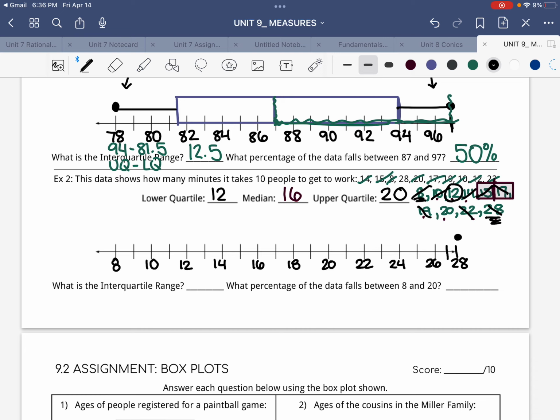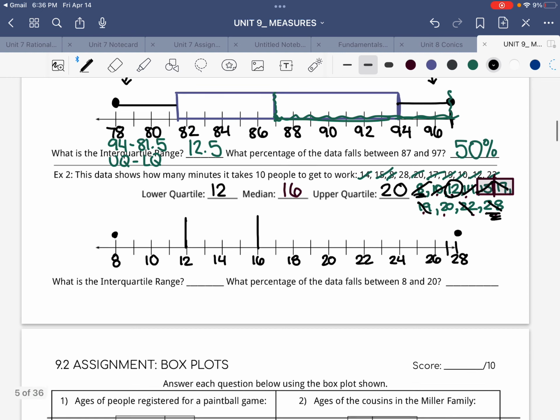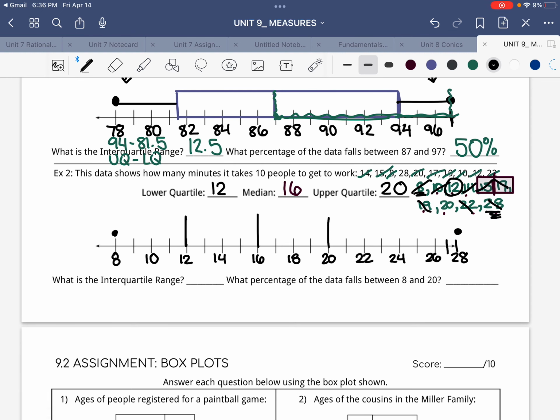So my maximum is 28, my minimum is 8. Then the 3 numbers I found for my medians were 12 is my lower quartile, 16 is my median, and 20 is my upper quartile. We just make that box out of all 3 of those. And draw little whiskers that go out to the maximum and the minimum.